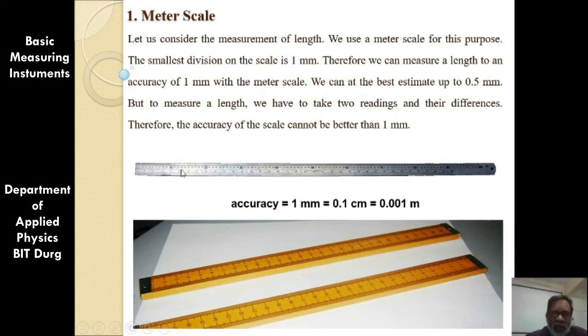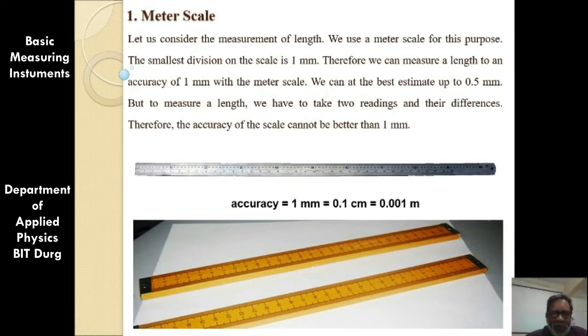So if you are well versed with the meter scale, you know that the distance of 1 centimeter is divided into 10 equal parts, and each equal part is exactly equal to 1 millimeter.